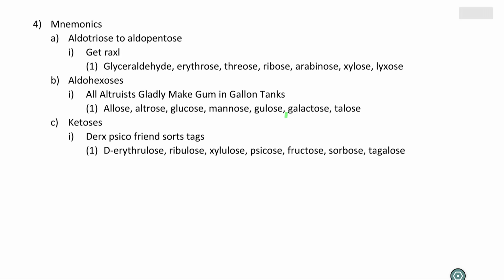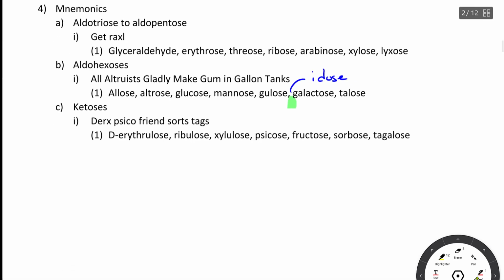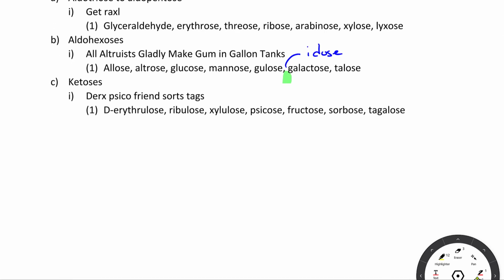I left one out, right here. Idose was left out of the original list. And whether or not it's D or L doesn't matter. You just have to know which way the group is pointing and all that kind of stuff at the second to last carbon.